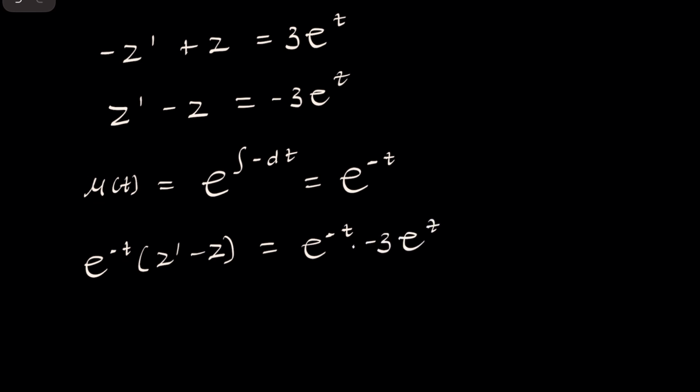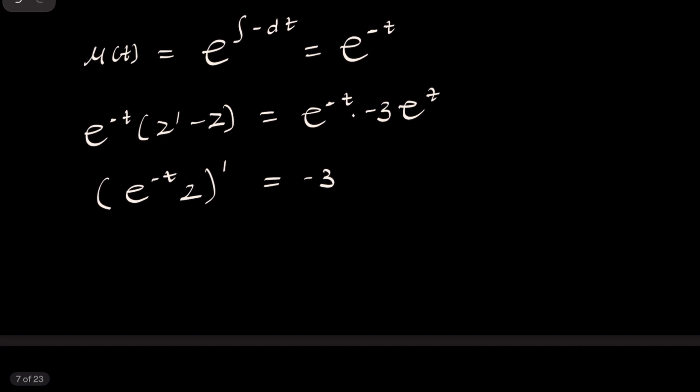And so the left hand side will always be equal to the integrating factor, which is e^(-t) in this case, times the dependent variable, which is z, then we differentiate with respect to t. On the right, we have e^(-t) times e^t, so we add the exponents: minus t plus t is 0, so that will be e^0, which is 1. So we are going to have here minus 3.